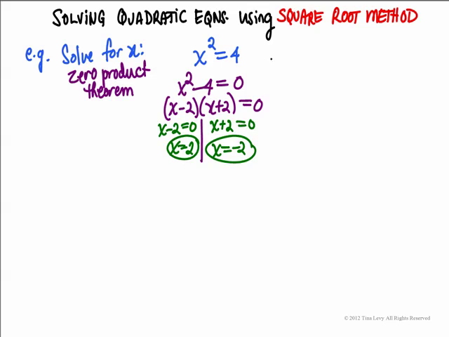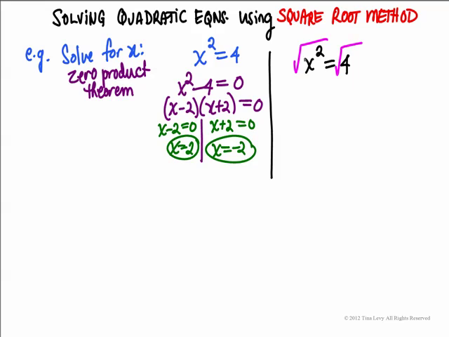This worked nicely, but we can do this in an easier way, which is going to be called the square root method. So we'll start with x squared equals 4. What we're going to do, we have that something squared is 4, so the way we undo a square, the opposite or inverse operation, would be square root. So we're going to take the square root of both sides.